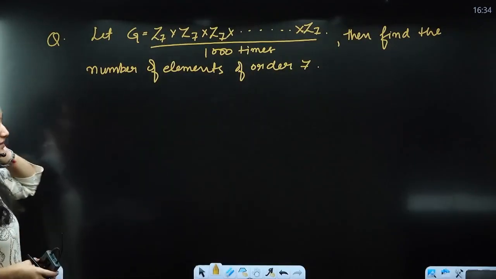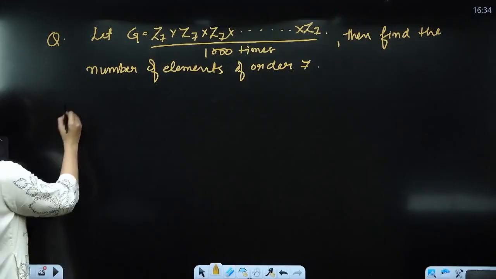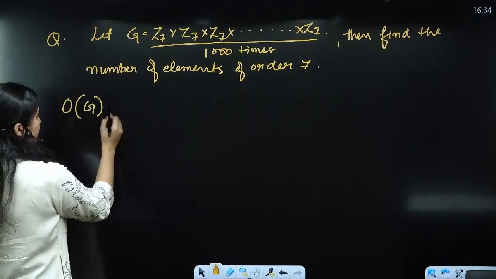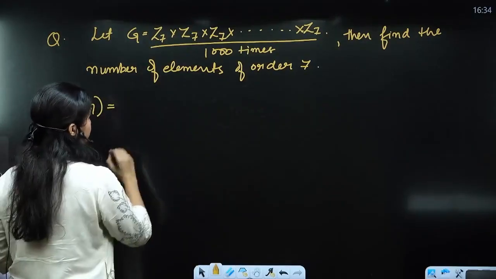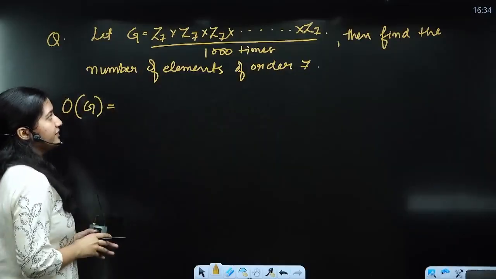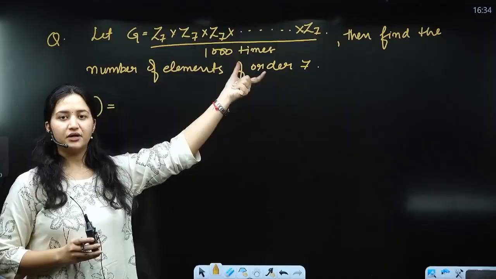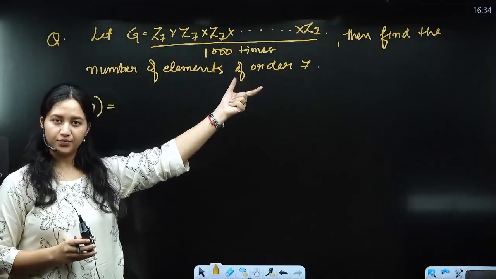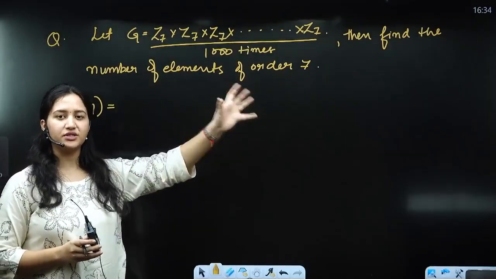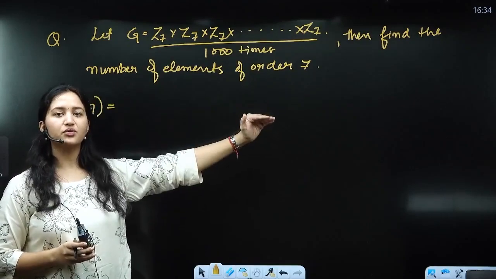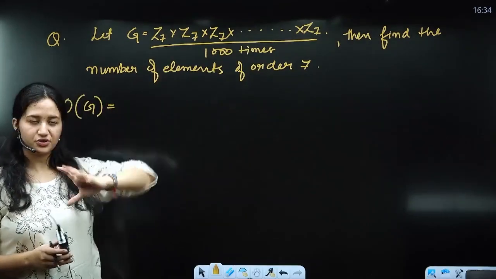First of all, understand what the order of G is here. What is the order of G? We multiply the orders of each of the groups by which we are composing the group, right? Take the order of G1, G2, G3, G4, we multiply all their orders to get the order of the composition of the groups.